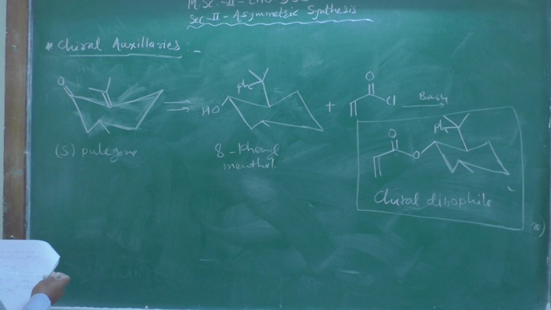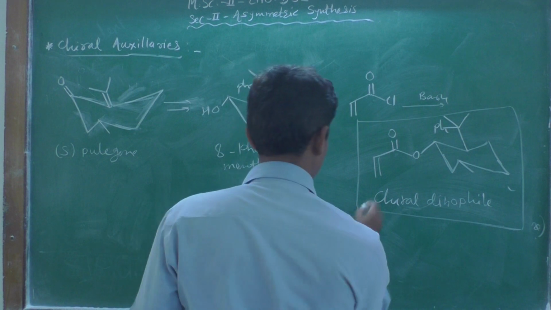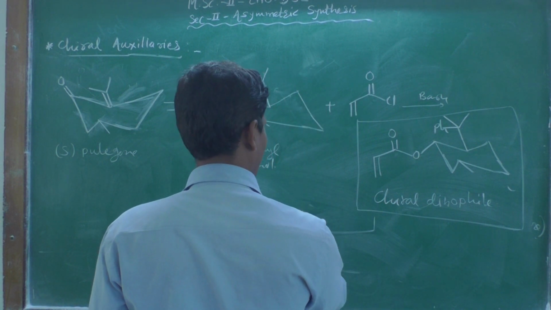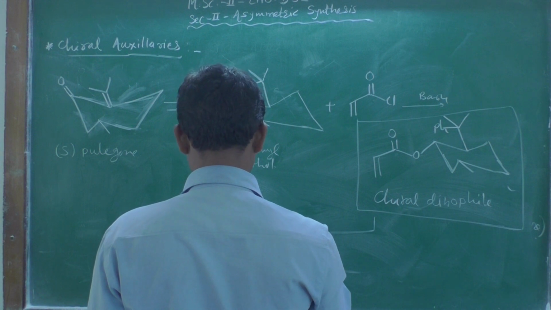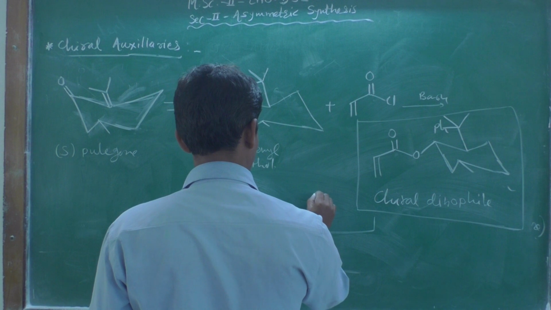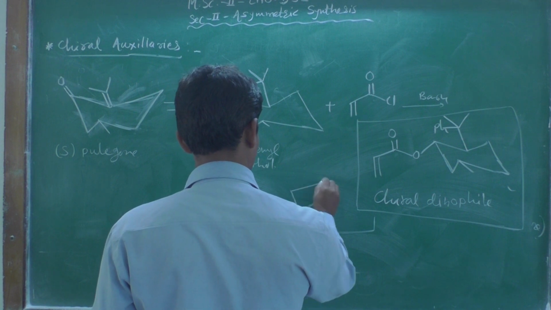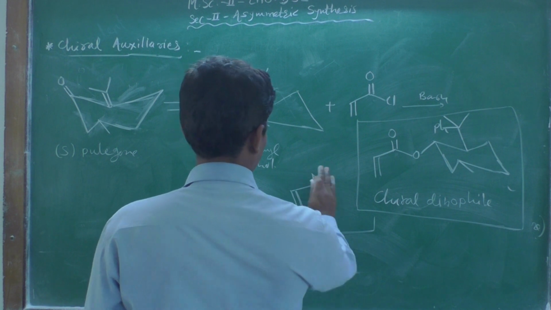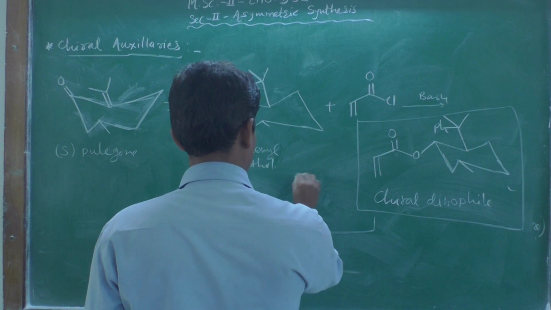This chiral dienophile is used in the synthesis of prostaglandin. Like this, we have this chiral dienophile, and when it reacts with, I am writing directly here, the diene, this is nothing but a simple structure.